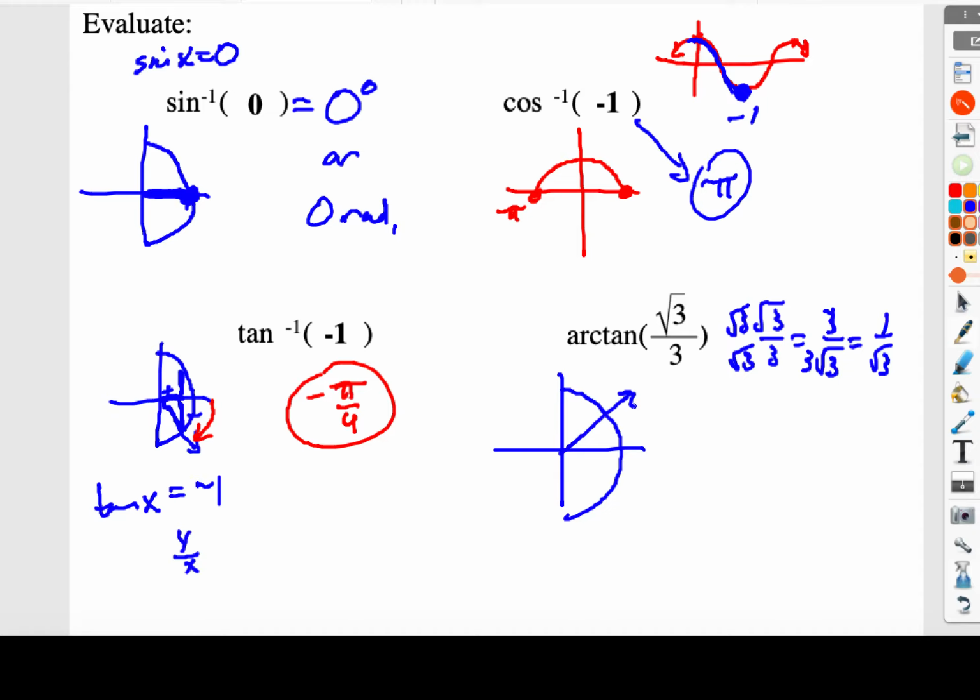We're going to be 1 unit, opposite over adjacent, 1 unit up, √3 units out. Looks to me like that is pi over 6 radians. Again, 1 unit up, √3 units to the right, pi over 6 radians.